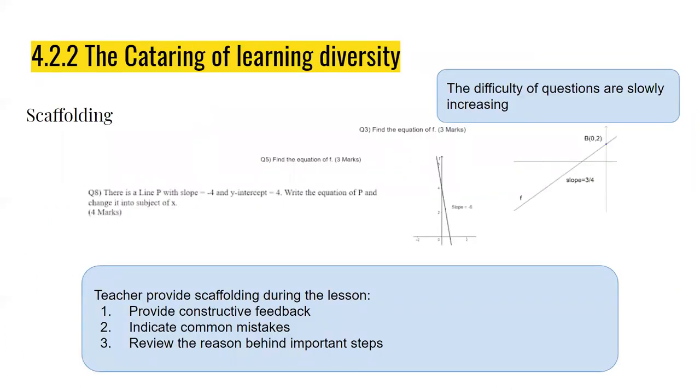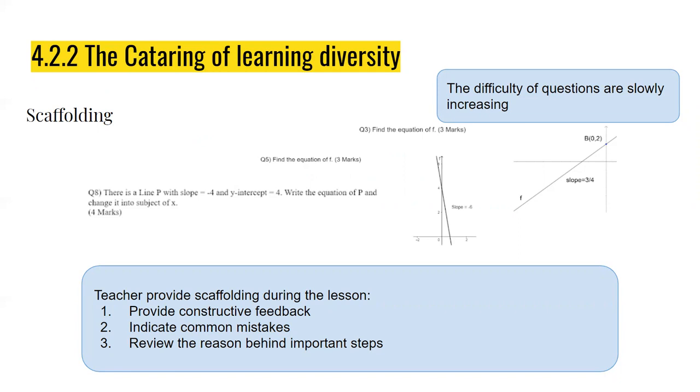Of course, we have to cater for learning diversity, so we provide scaffolding. In every worksheet, we provide an easy level question, a medium level question, and also harder questions. The easier level questions have a much more detailed graph where we point out each of the points for the students.